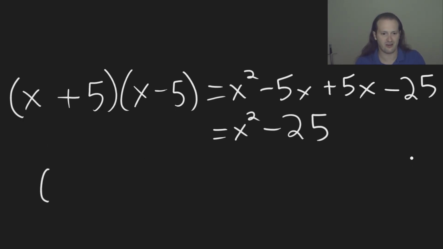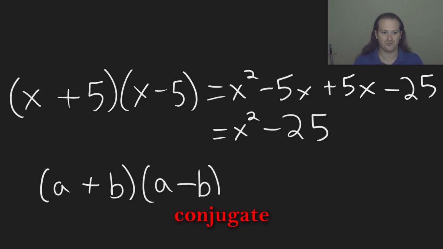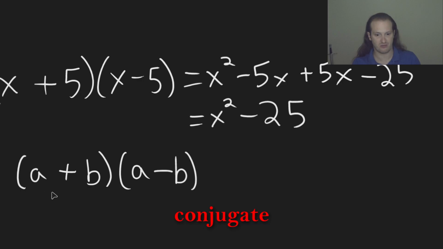If I have a plus something else, and I have that same binomial, but just its conjugate. The conjugate is those same two terms, but you do the opposite operation in the middle. So the conjugate of a plus b would be a minus b.